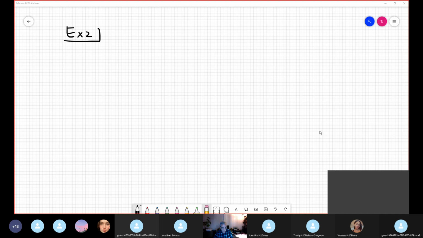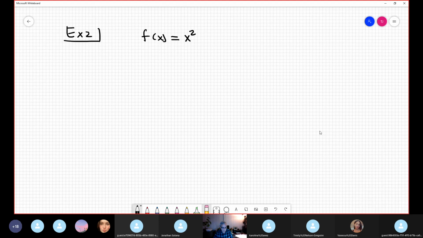Okay, suppose f of x is equal to x squared, and I put a semicolon here, x greater than or equal to 0. This is the information that's given. The problem says this function is given. Please do the analysis.